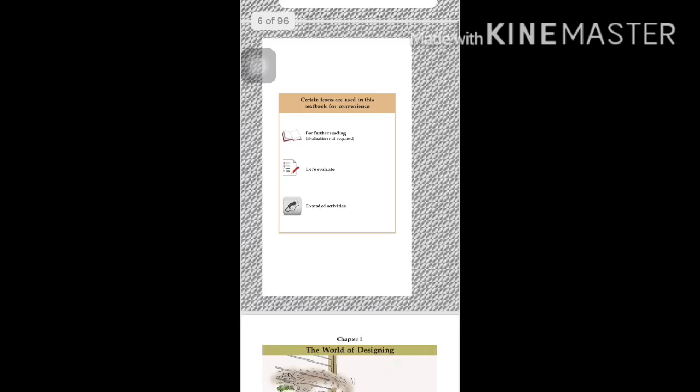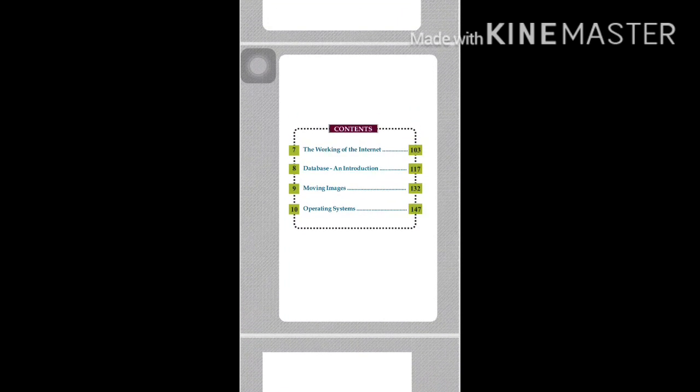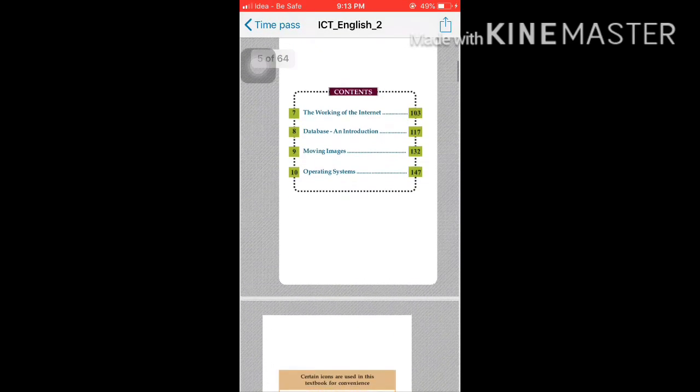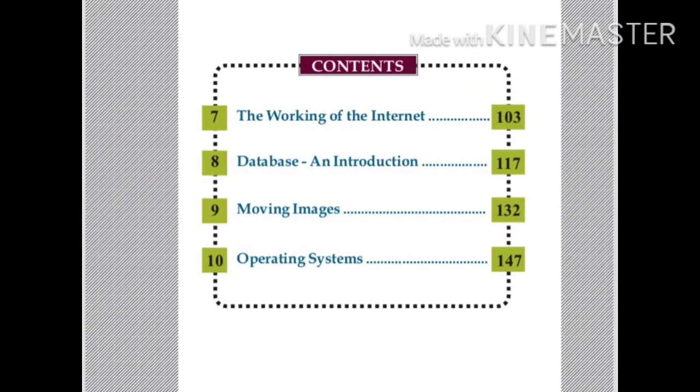Part 2 consists of 4 chapters: the working of the internet, database and introduction, moving images and operating systems. So in total, 10 chapters we have to learn this year. Out of these 10 chapters, 7 are practical oriented and 3 are theoretical oriented.